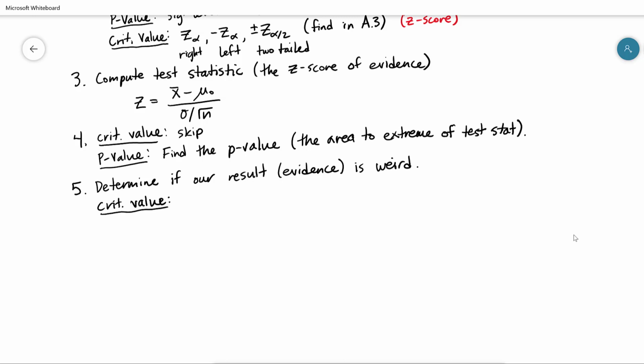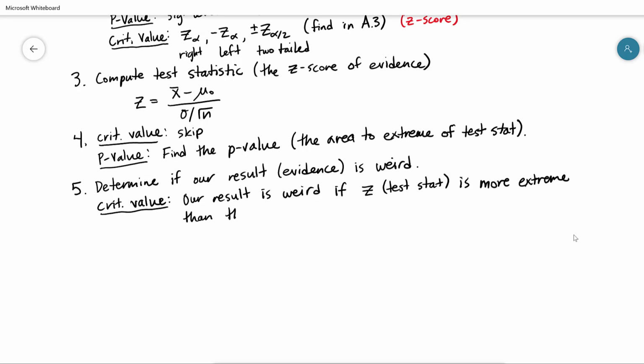So our result is weird if the z-score that we found for the test statistic, if z, our test stat, is more extreme, again using this word extreme, than the critical value.